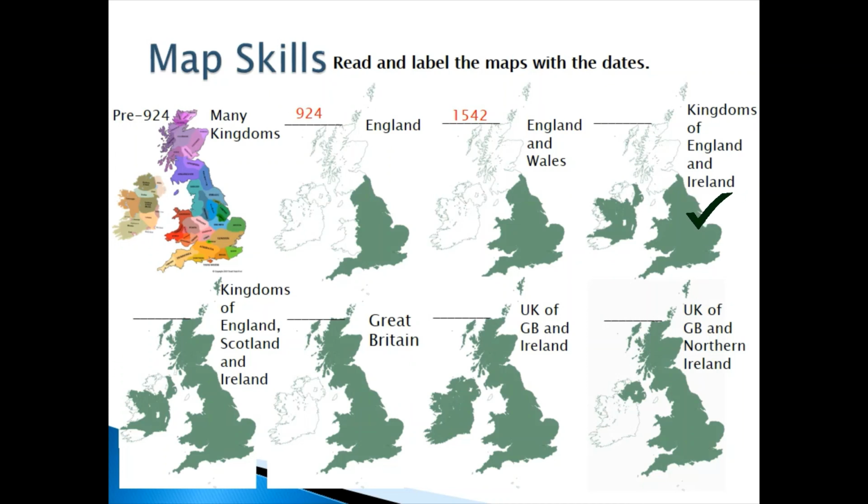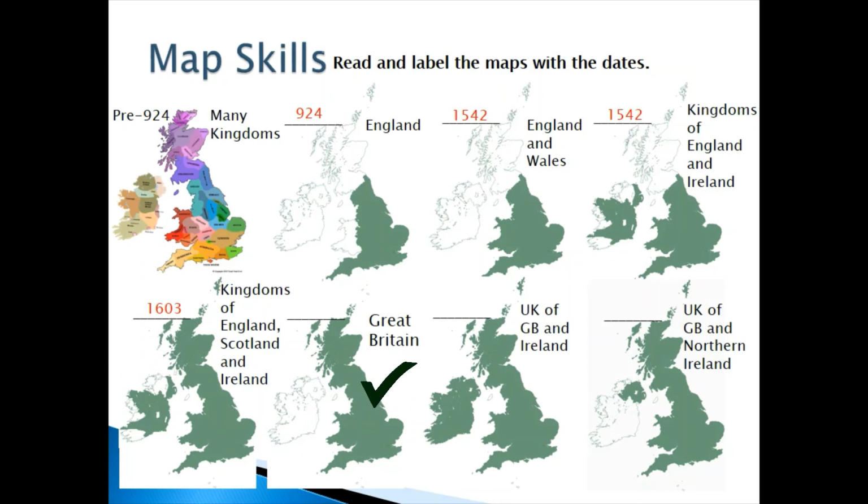The kingdoms of England and Ireland had the same king but had different governments in 1542. The kingdoms of England, Scotland and Ireland had the same king but different governments in 1603.